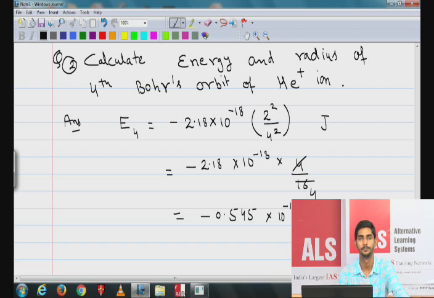This is the energy that you have got. I think many students have got the right answer for the energy. Other students who haven't got the right answer can note it down. Note it down, guys.